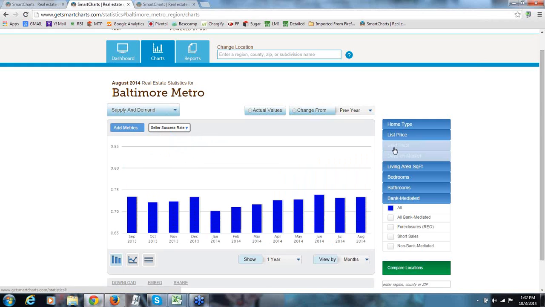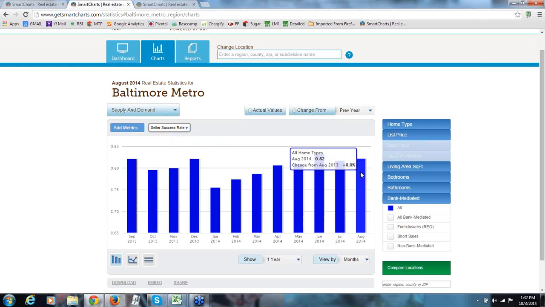So seller success rate. What this is showing is of all homes that were in pending status that left pending status, so not those that stayed in pending, meaning those that, like the short sales that stayed in pending for 140 days and might not have closed yet, they're just sitting there. This isn't looking at those that stay in pending status from month to month.